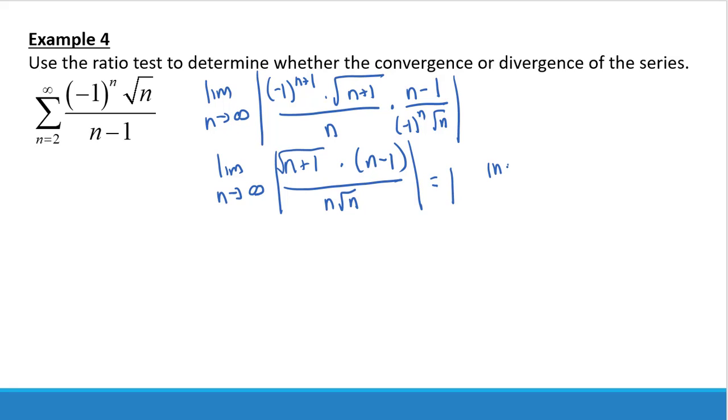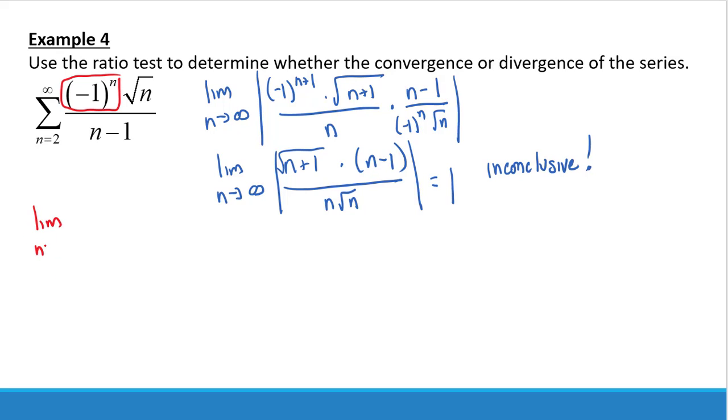But I want us to think, what else could we use? Whenever I see this, I think alternating series test. So first, remember we have to prove that this would go to 0.